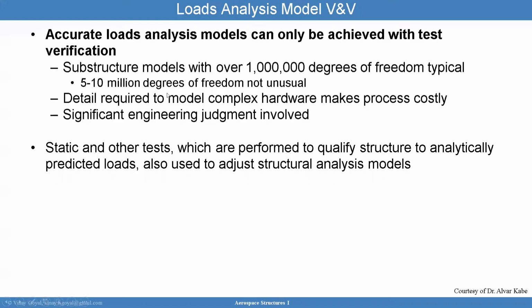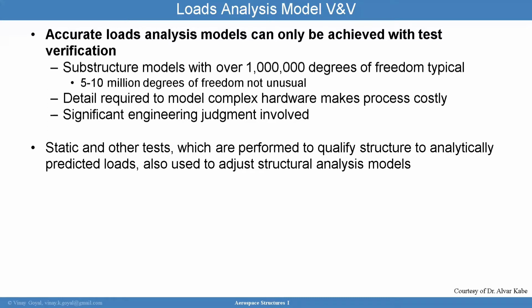Substructure models can easily be over 1 million degrees of freedom, and 5 to 10 million degrees of freedom is not unusual. The detail required to model complex hardware makes this computationally very costly and can take months of effort to make sure you have the right models.